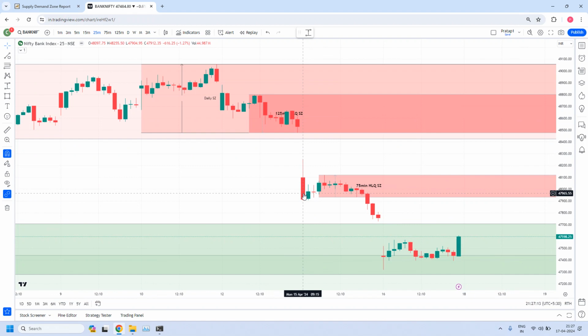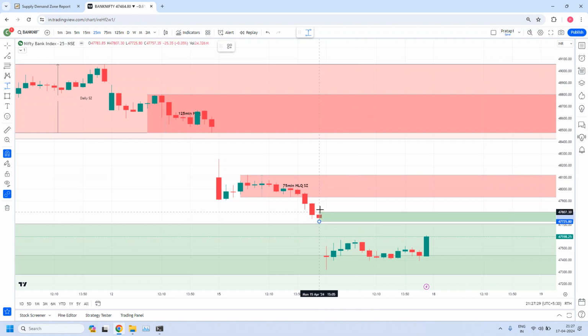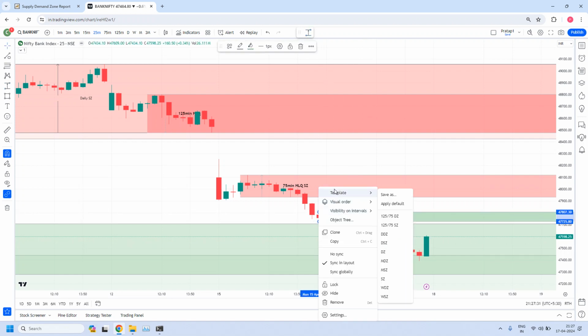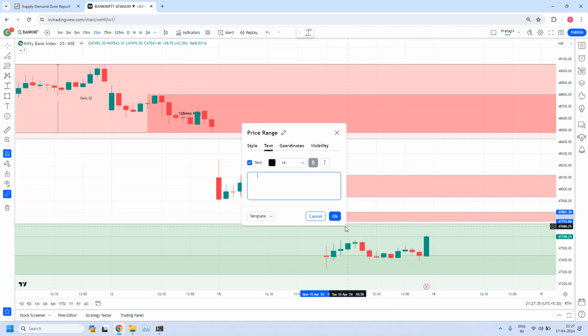This is 15.4. We have 14.40. This is the one. This is a 25 minutes high liquidity supply zone.